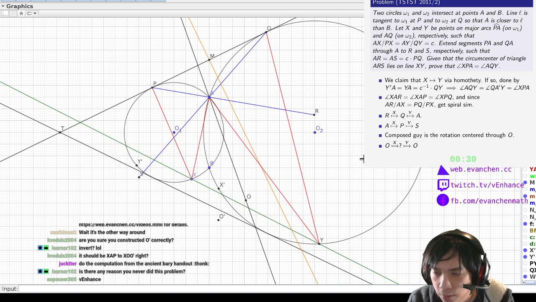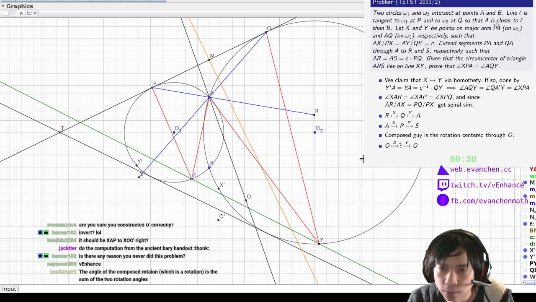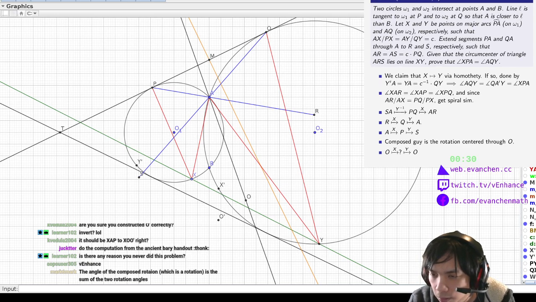Sorry, PQ through X goes to AR, but also through Y, through the inverse map through Y, goes to SA. No, I have it backwards. Let me write it consistently. Segment AR maps to segment SQ.